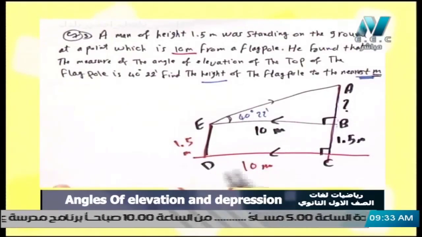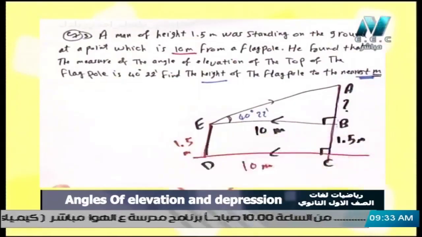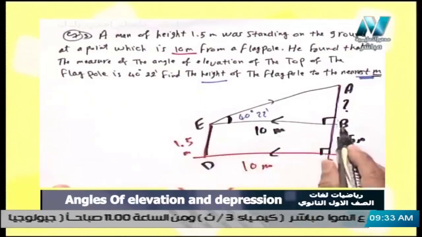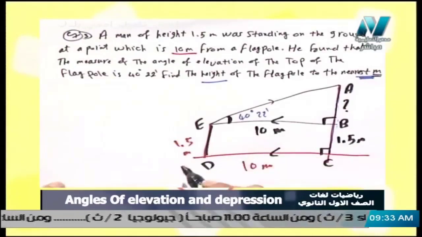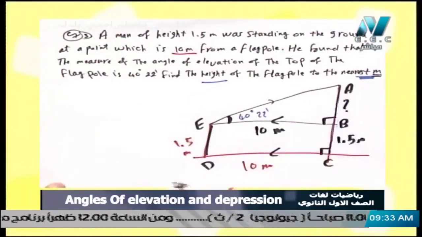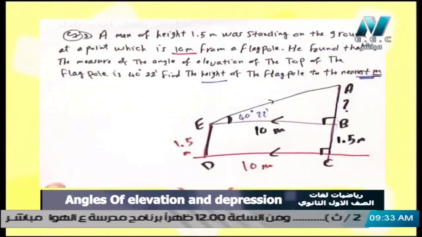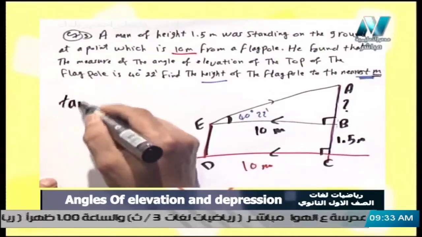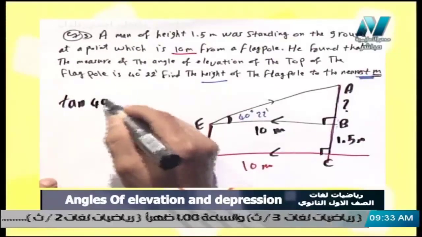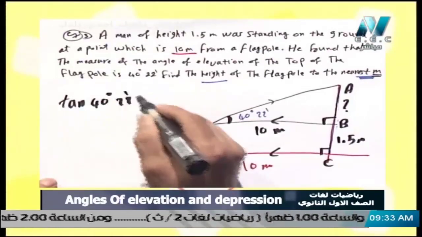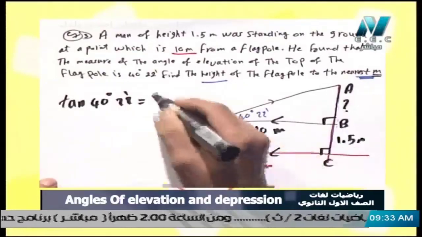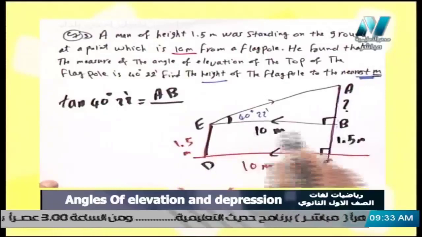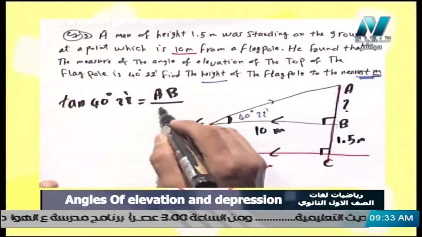So in the right angle triangle ABE, we have this angle. EB, its adjacent, is 10 meters, and AB is the opposite. So tan of the angle 40 degrees 22 minutes equals the opposite, which is AB, over the adjacent, which is EB.